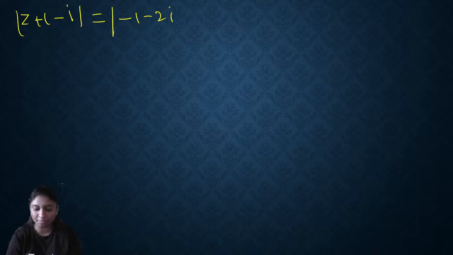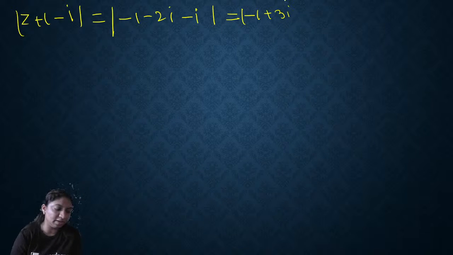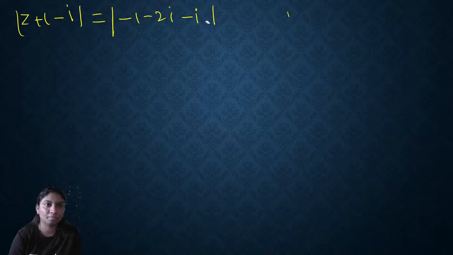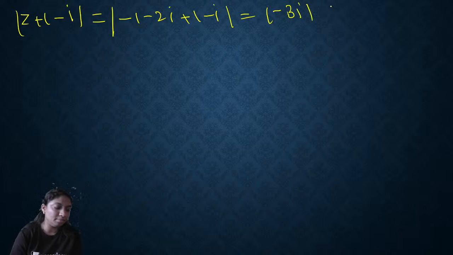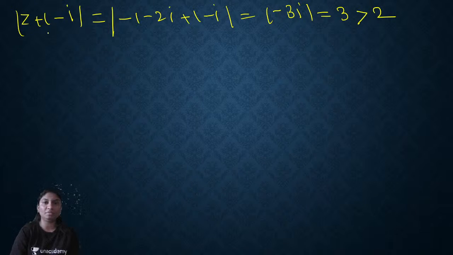Minus 1 minus 2i plus 1 minus i. So you will get mod of minus 1 plus 1, the minus 1 and plus 1 get cancelled out. Here you will get mod of minus 3i, and mod of minus 3i is equal to 3, which is greater than 2. So obviously this is greater than 2.